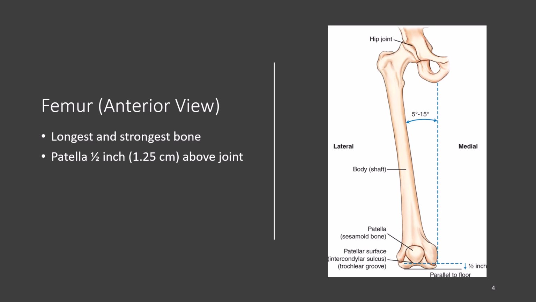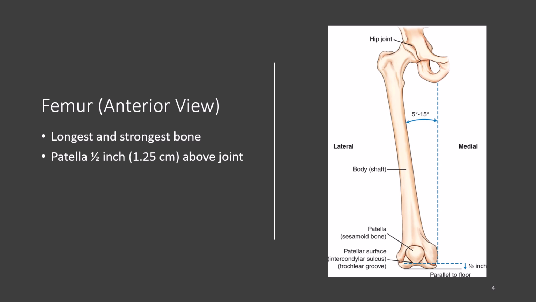When we look at the femur, this is on page 219, the anterior view of the femur, figure 6.19. The femur is the longest and strongest bone. Notice that they reference that the patella sits approximately 1/2 inch above the knee joint, which is important.